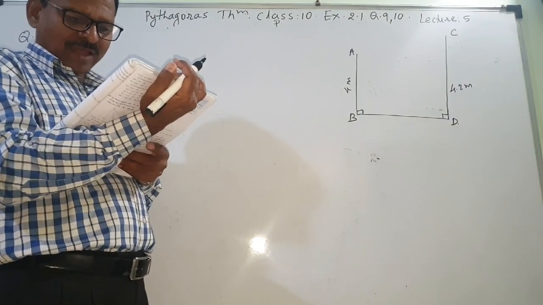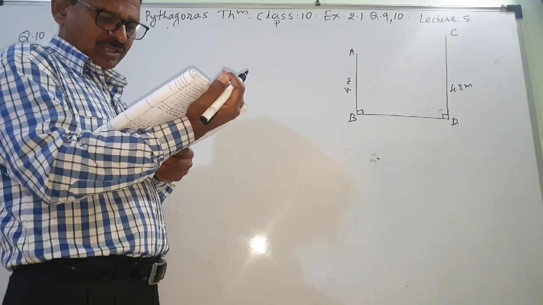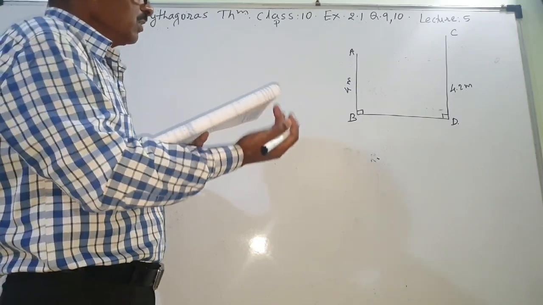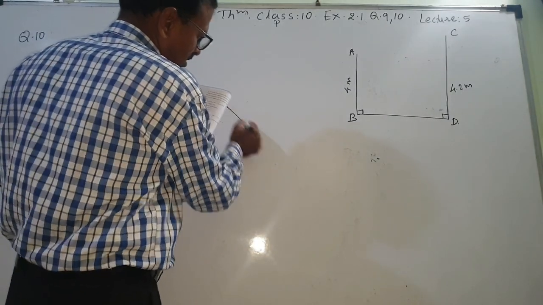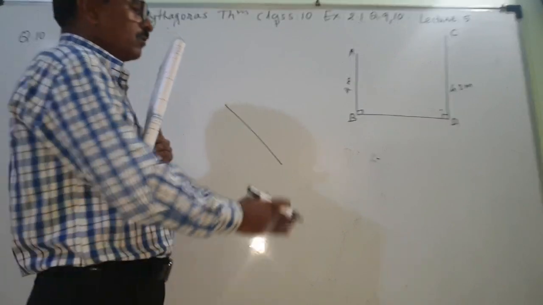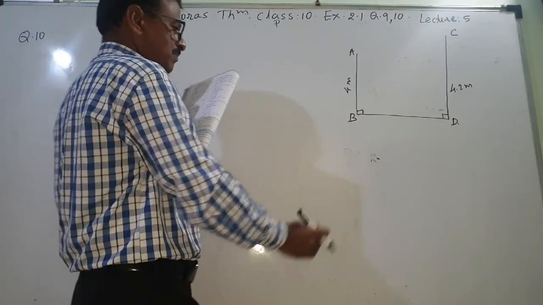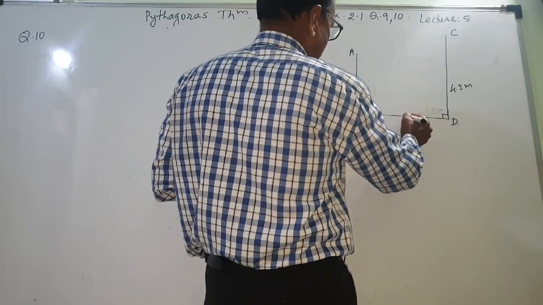A ladder 5.8 meter long is placed on the street. Ladder is kept like this. So on the street where it is kept, say suppose here it is kept.